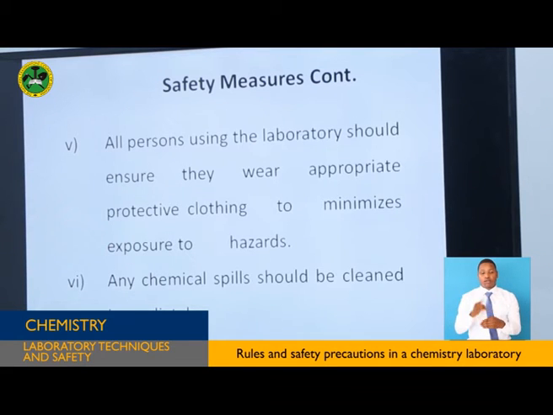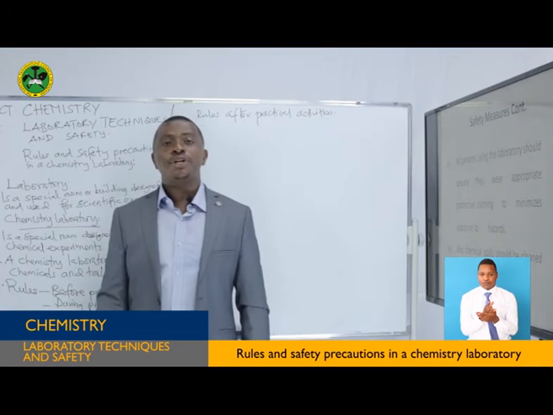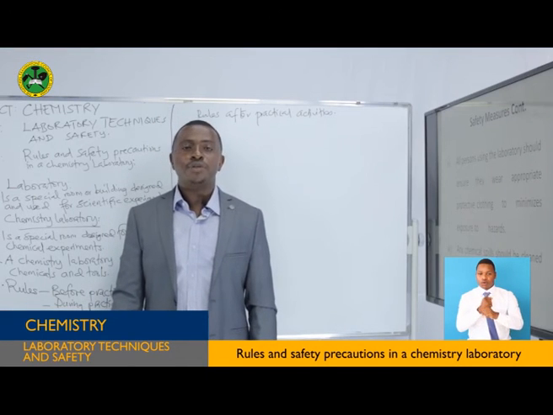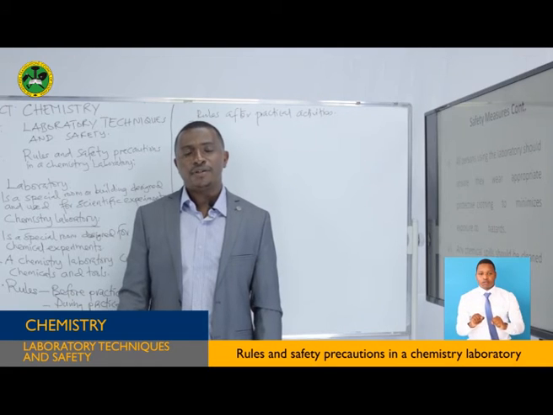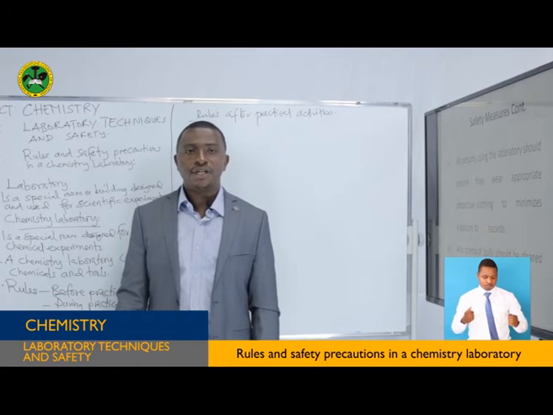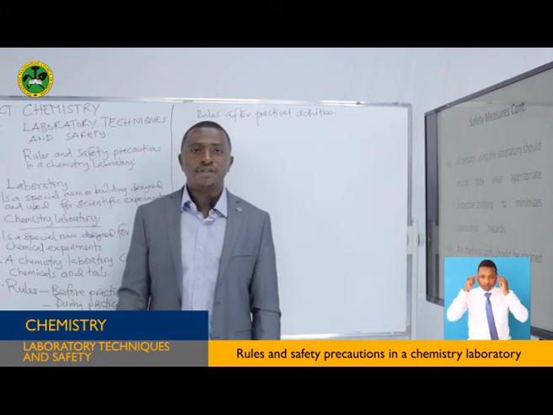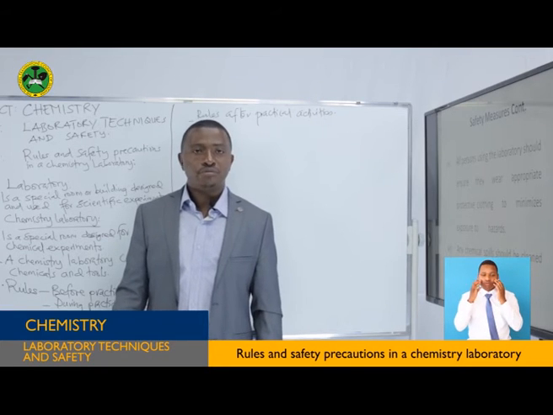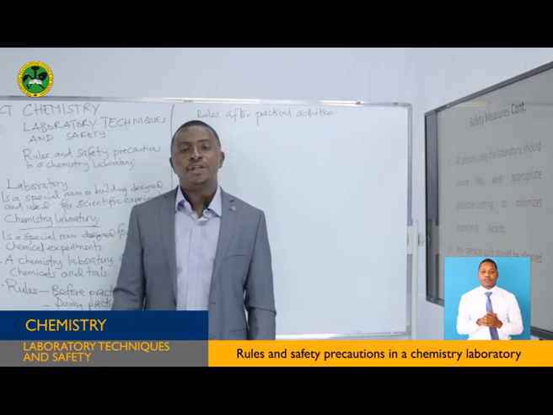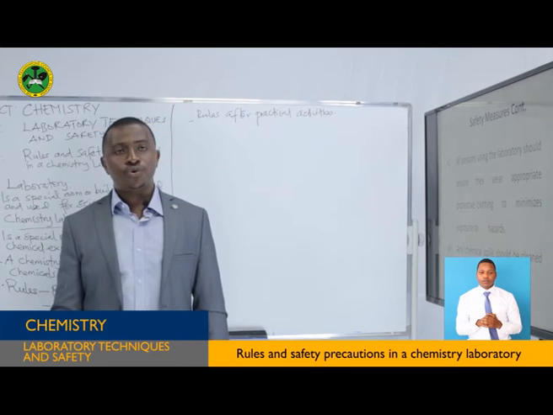Let's see safety measure number 5. All persons using the laboratory should ensure they wear appropriate protective clothing to minimize exposure to hazards. This is quite true, that when you are working in the laboratory, you need to have proper clothing, such as lab coats, goggles, masks if they are required, and also closed shoes.